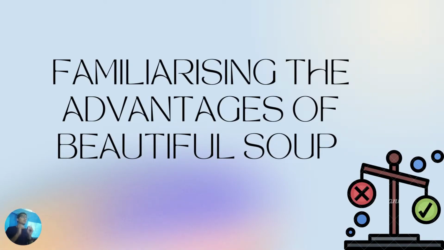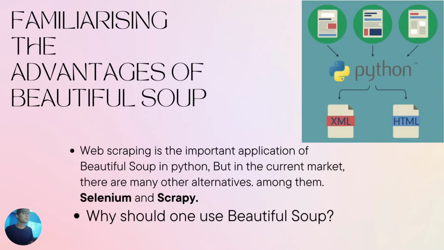Now it's time to familiarize ourselves with the advantages of Beautiful Soup. So let's start. Web scraping is the important application of Beautiful Soup in Python. By now, we have all understood it is the important application. But in the current market, there are many other alternatives, and among them, Selenium and Scrapy are also present.